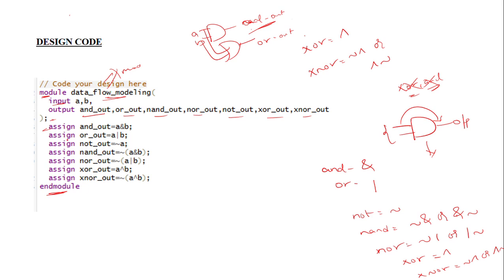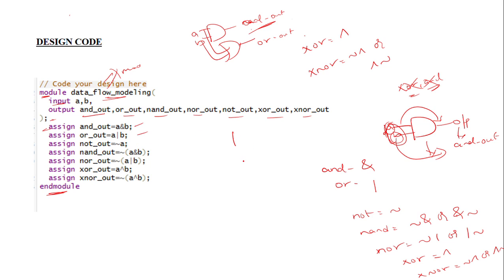Now in Verilog, look at the AND gate output. A and B are the inputs. I have to AND these two values and assign the result to the output, which I represent as and_out. So I write, same as here, assign and_out = A & B. For the OR operation I use this line.